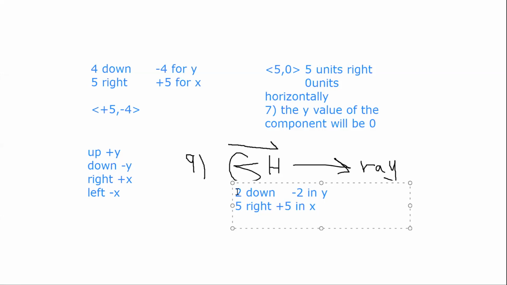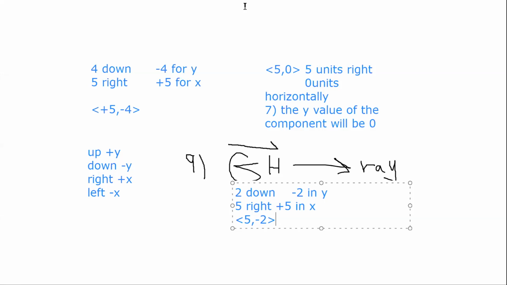So I can write the component right away. X comes first, so it's going to be a 5. You don't need to write the positive. And comma negative 2. And you are done. So this is the component form, and this is the name of the vector, GH ray, and I put it in component form.